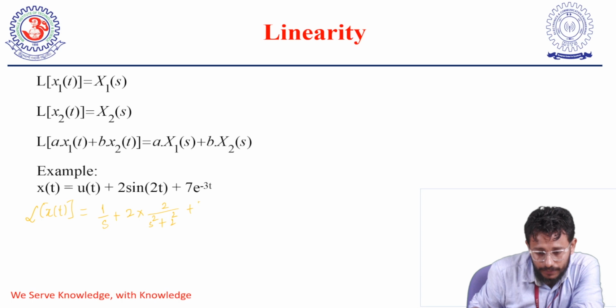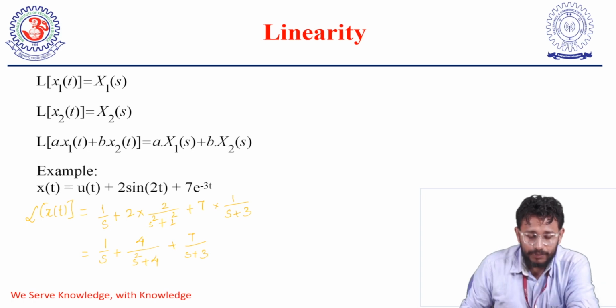Plus 7 is a constant term there. Now for e to the power minus 3t we have 1 by s plus 3. Try proceeding further: 1 over s plus 4 over s squared plus 4, plus 7 over s plus 3.